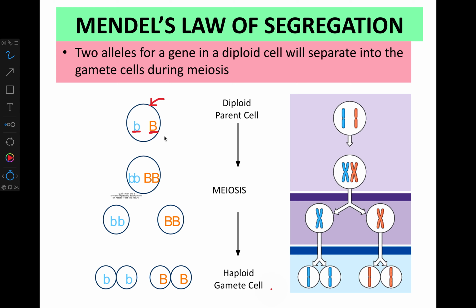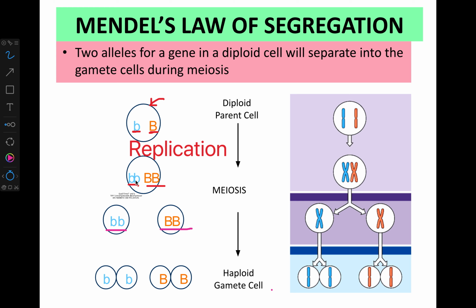Mom is in blue. And we go through our replication, so we have two of each. And then we segregate that out, so those divide.